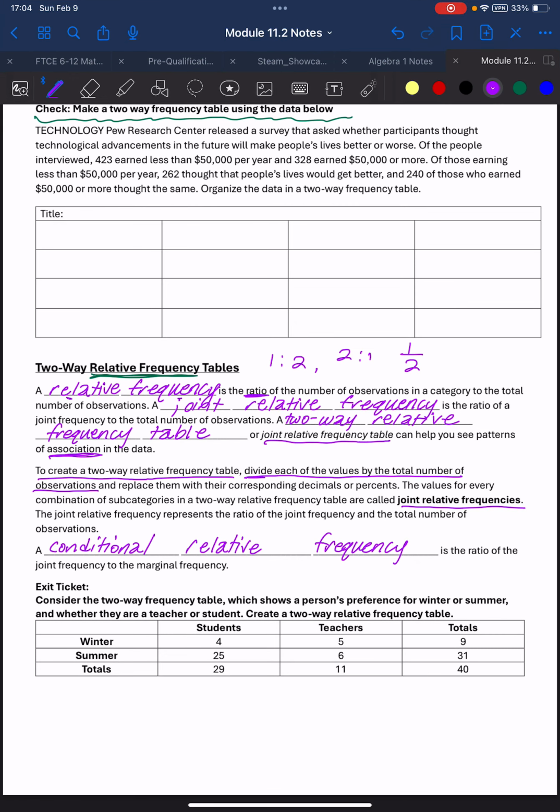So in your last one, we'll just get started on the last one. And give me just a second. Let me check my data is correct.